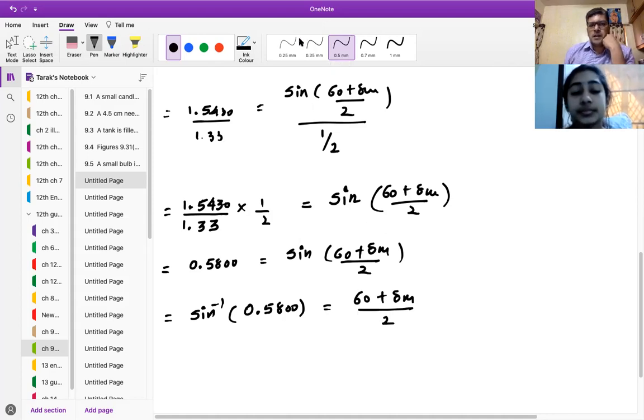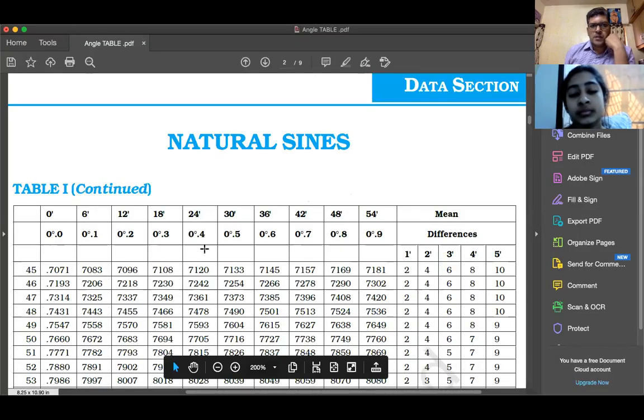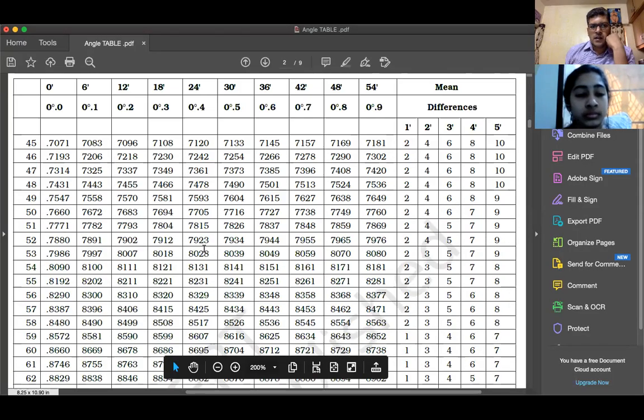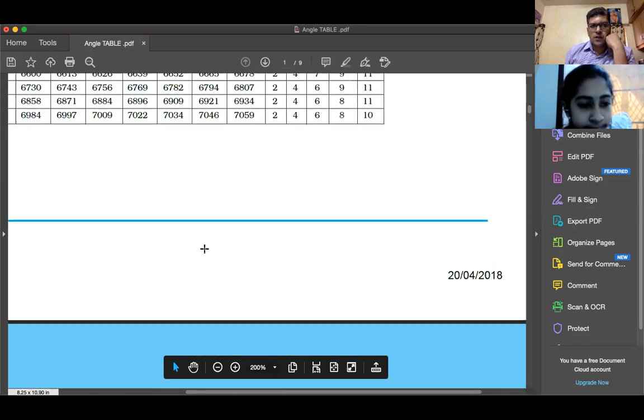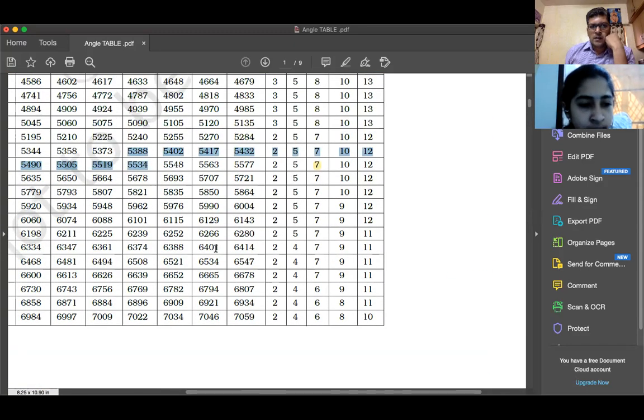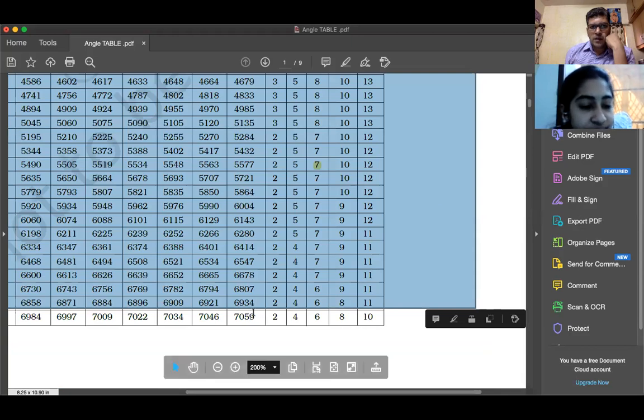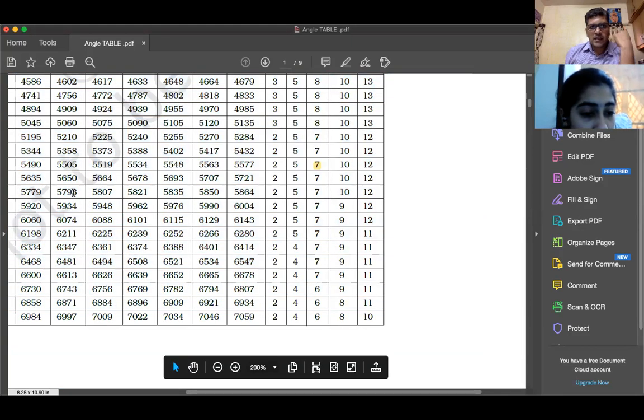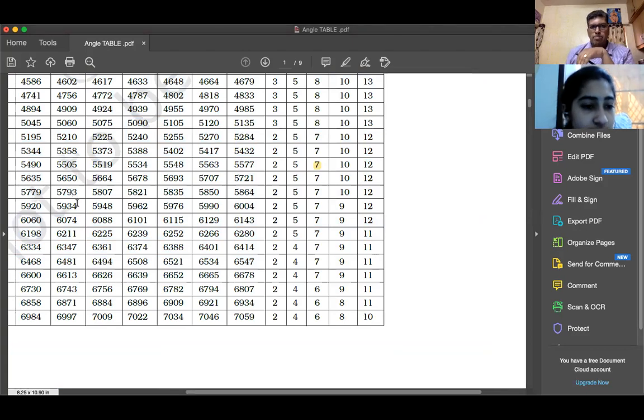Okay, 5800, natural sine. We want 5800. Somewhere it would be 5793, 5807. 5793 plus 7, it would be 5800.